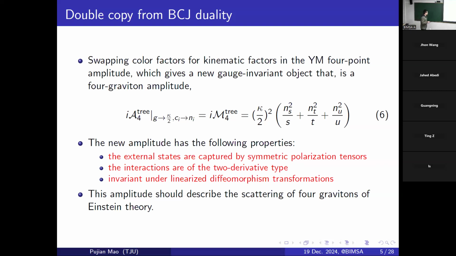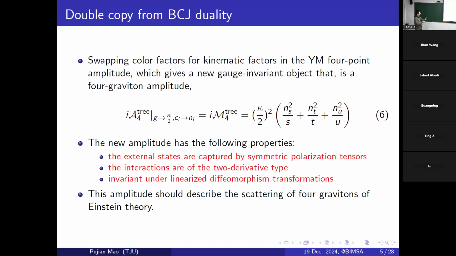The interactions are of two-derivative type. And it's invariant under linearized diffeomorphism transformations. I don't know if it is the only theory that we know satisfying all of those properties, but for sure, Einstein's gravity satisfies all of them. So in the end, you have an amplitude for gravity.